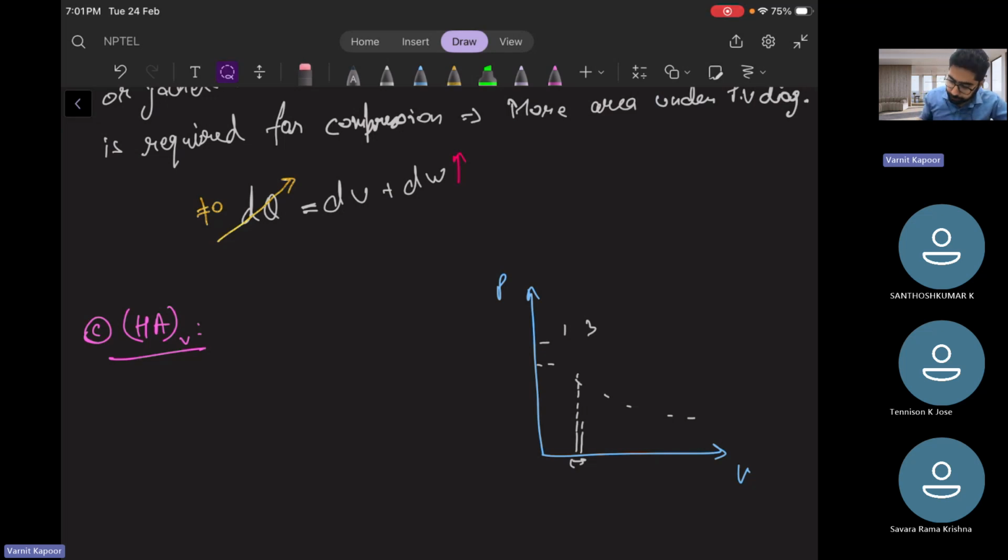So I'll make once again this diagram in a clear way. Let me write the point first.